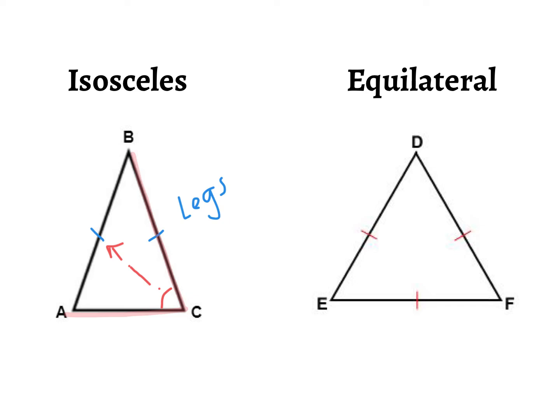So the opposite side of the angle should be dependent on the size of the angle. This angle will determine how long this side is, and same with angle A. Angle A will determine how long this side is. So if the two sides open up to the same amount, that means that the two angles in the bottom are also going to be congruent.